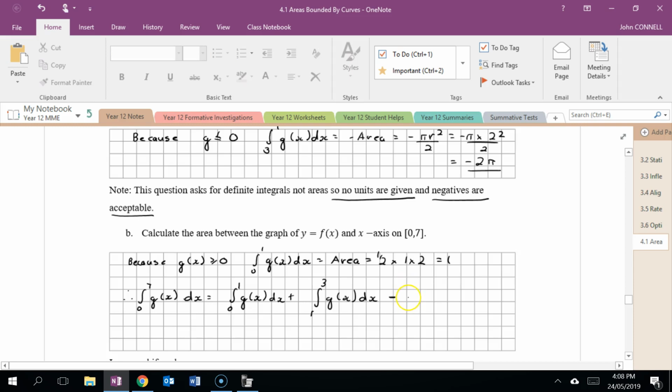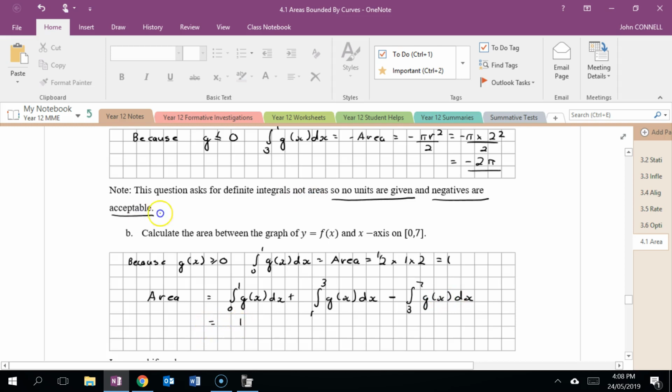I should say, instead of calling this the integral, this is really going to be the area. So the area is equal to the positive integral from 0 to 1 plus the positive integral from 1 to 3, and then we're going to be adding the negative of the integral from 3 to 7. So in that case, we're going to be subtracting a negative number, so we'll be adding.